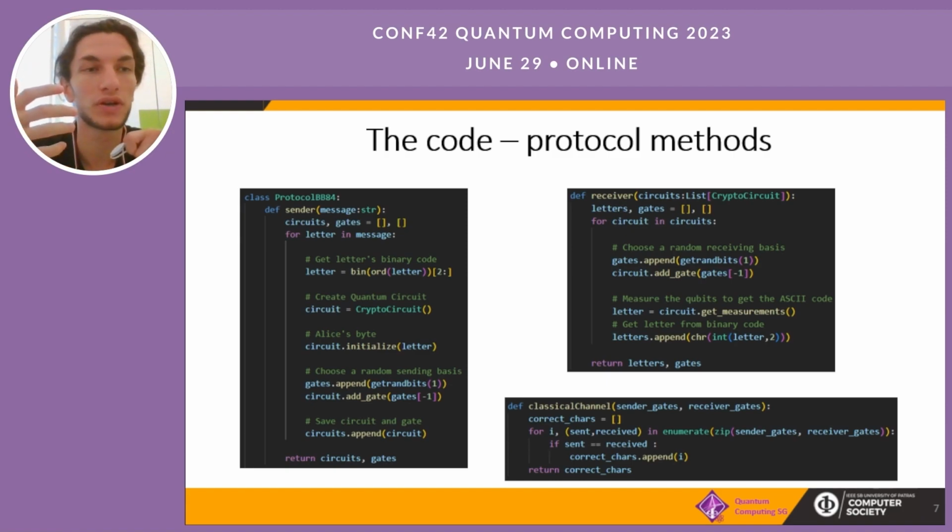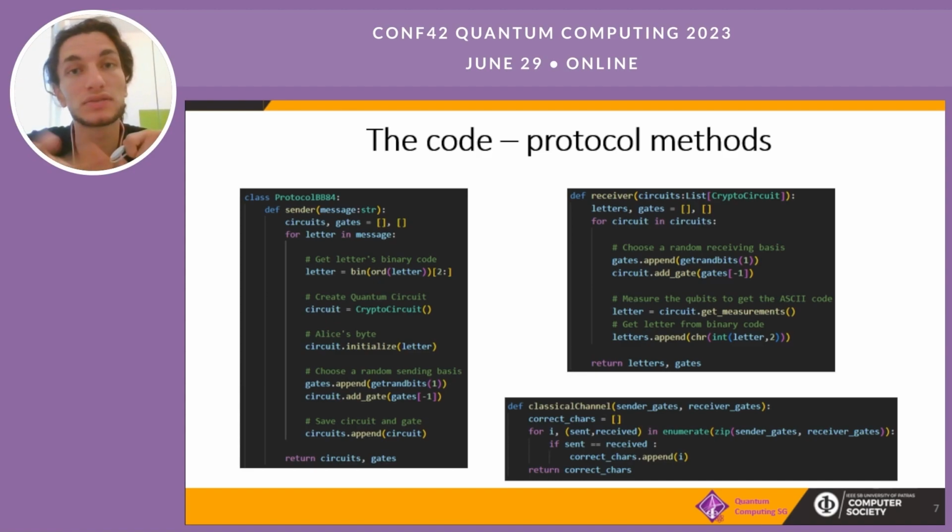On the right, the receiver method gets as input the list of the circuits received by Bob, and for each one of them applies his random gate and measures the result, getting an ASCII character. This method returns the received characters as well as the array of Bob supplied gates. Finally, the method of classical channel receives as inputs the two lists of Alice's and Bob's gates and returns the indices of the correctly transmitted characters.